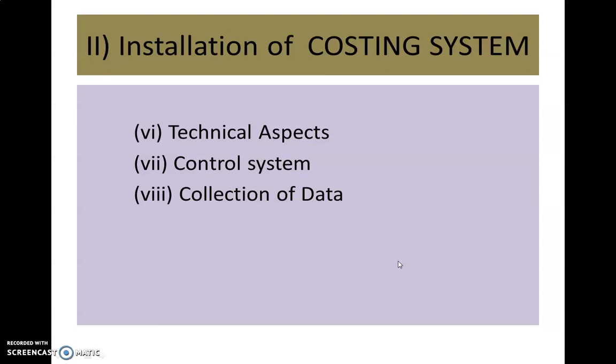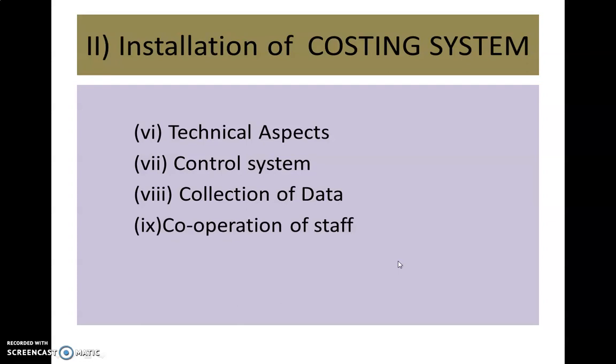From the records we are collecting various data about the number of employees working, their nature of work, the salary fixed for their work, the additional benefits we are providing to that labor, and the total cost for these additional benefits, etc. So all this data is very important to determine the labor cost, and it is the base for taking decisions to control the cost. So collection of data is very important, and your costing system must be ready to supply this kind of data. Likewise, you need to install your cost system.